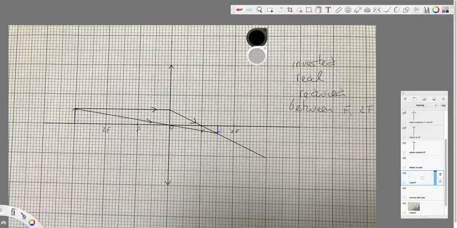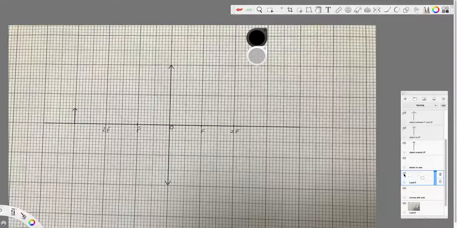Image over object height, or image over object distance, would be the same. You see we've got 30 small squares here and 15 small squares here. So by drawing this really accurately, we can take measurements from the diagram and work out the magnification. So there's our object outside 2f.